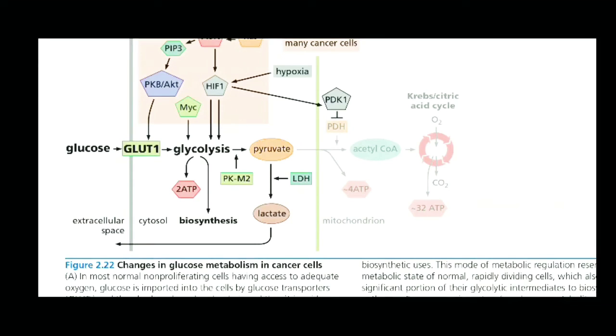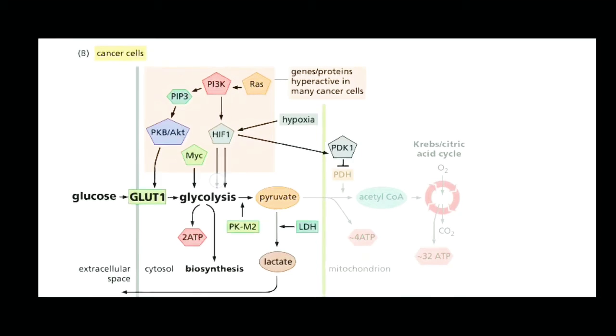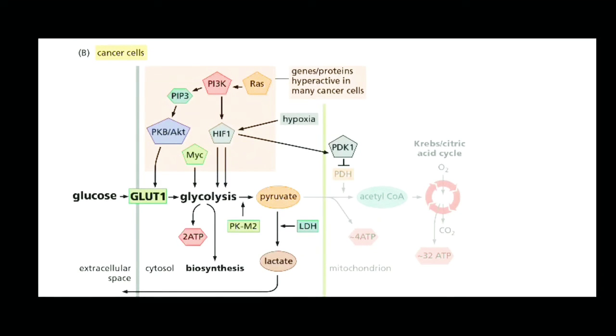So even though the cancer cell consumes a huge amount of glucose, it is still unable to get a huge amount of energy. So it really consumes a very big portion of glucose to fulfill its energy requirement.